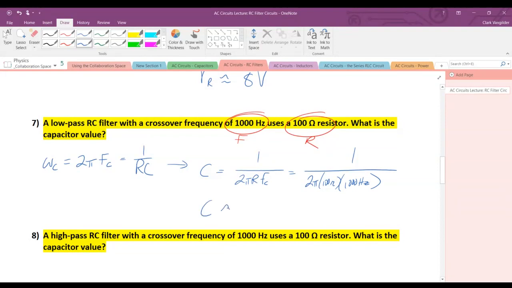So capacitance should be 1.59 times 10 to the negative 6, or microfarads. Okay.